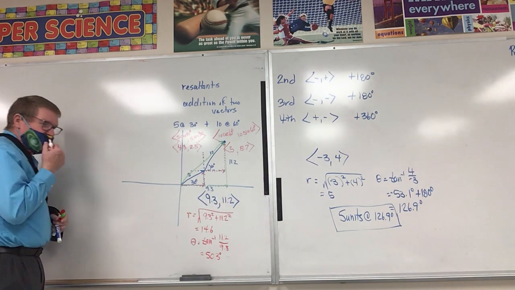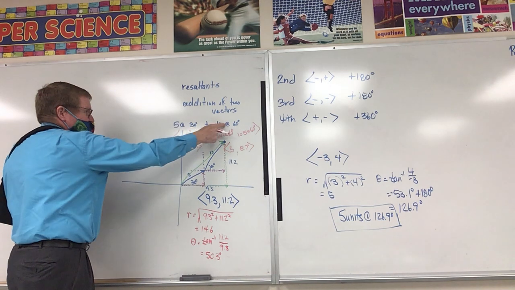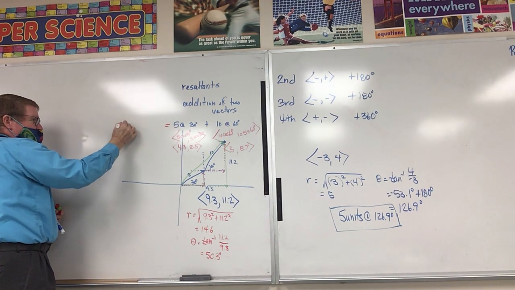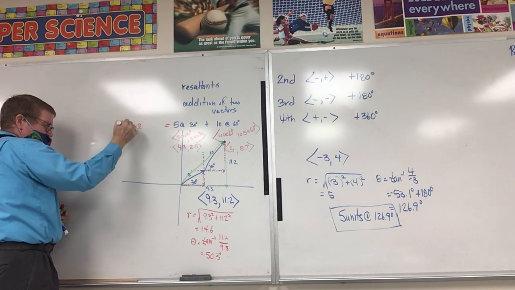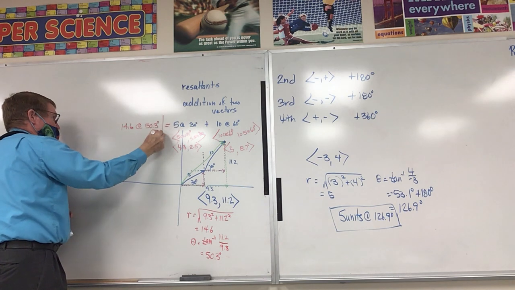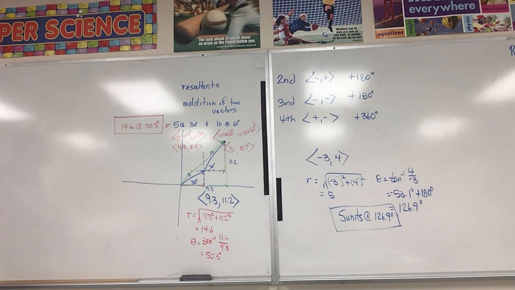I know I'm in the first quadrant, so I don't have to do anything to my angle. So 5 at 30 plus 10 at 60 equals 14.6 at 50.3. That is my resultant. That is the addition of two vectors.